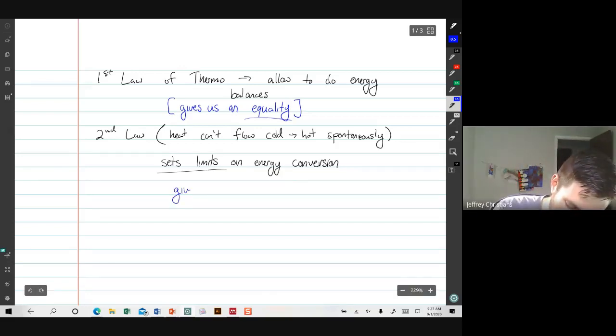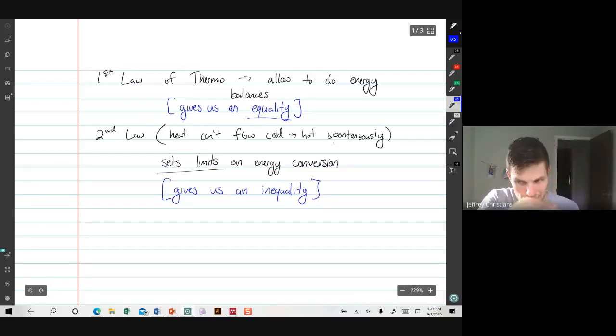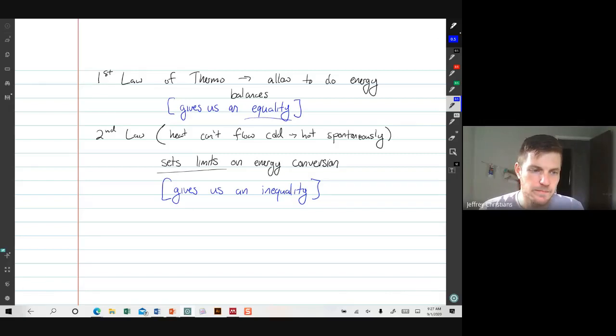The second law gives us an inequality. It's going to be the law that says we can't do better than this. This is the best that we could do.